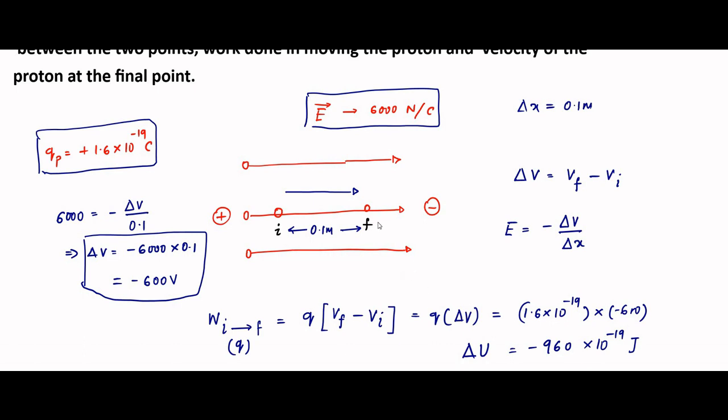The final point has less potential energy than the initial point. So this happens in the form of change in potential energy, which is the work done in moving the charge from one point to the other.